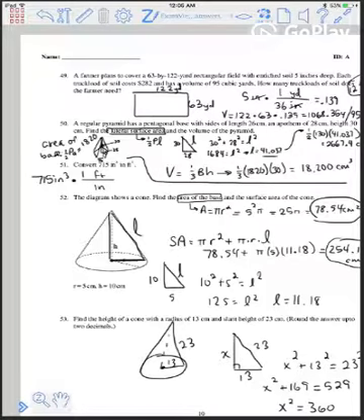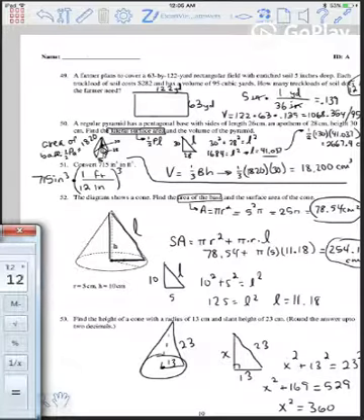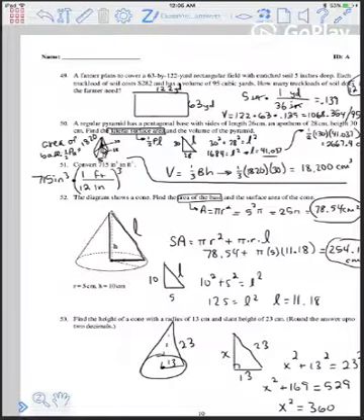Now we know that 1 foot has 12 inches. But if we cube that, so we have cubic feet and cubic inches, we need to figure out 12 times 12 times 12 is 1,728.